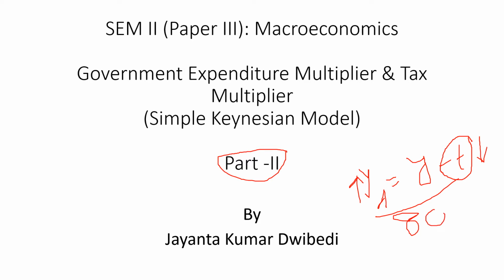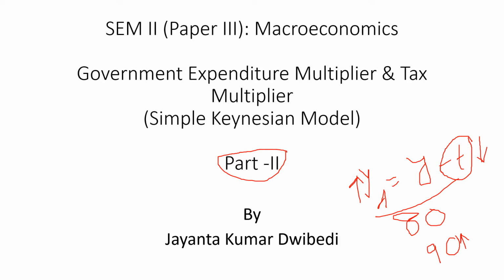Now if the government decides to cut that tax from 20 rupees to 10 rupees, then your disposable income is now 100 minus 10, that is equal to 90. So there is an increase in disposable income from 80 to 90. What are you going to do with that increase in your disposable income? There are two possibilities.